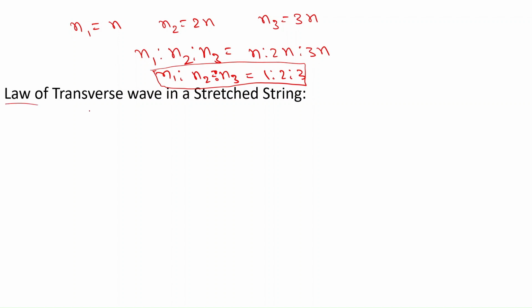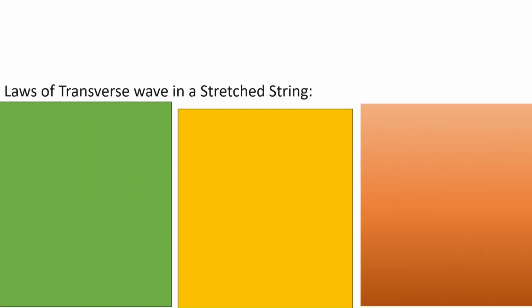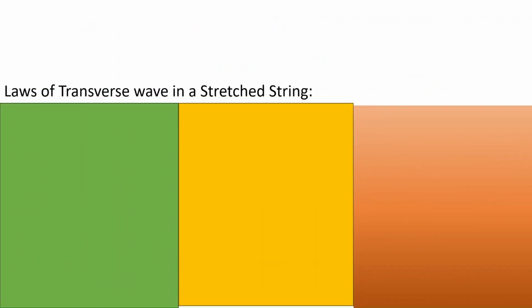Now let me start the laws of transverse waves in the stretched string. Before that, the frequency n is equal to, we know, 1 by 2L square root of T by mu. Let me start the three laws of the frequencies of stretched strings. Now the first law of transverse waves in the string: n is inversely proportional to L. Therefore, n1 is equal to 1 by L1 and n2 is equal to 1 by L2.